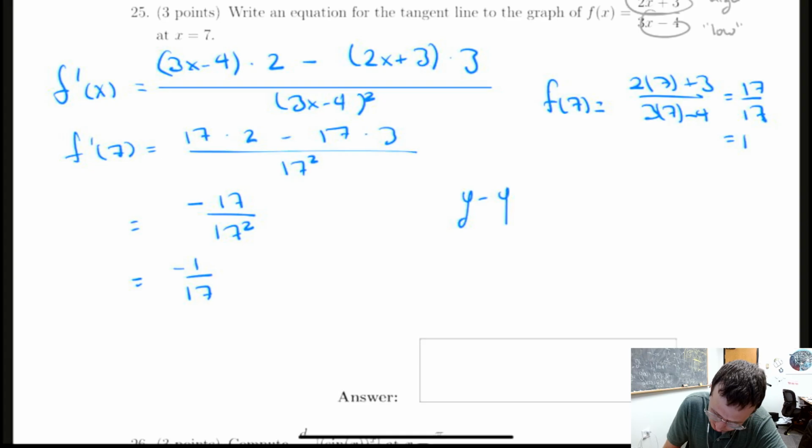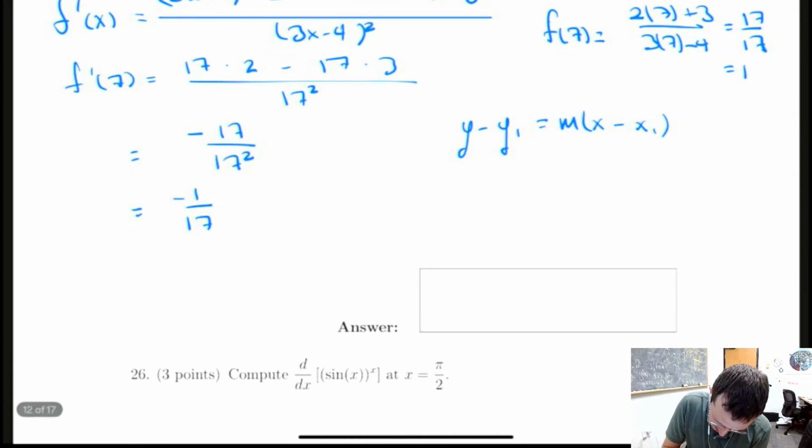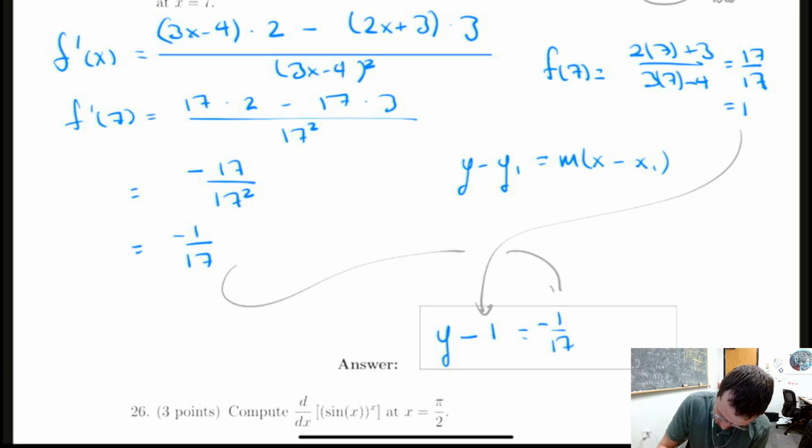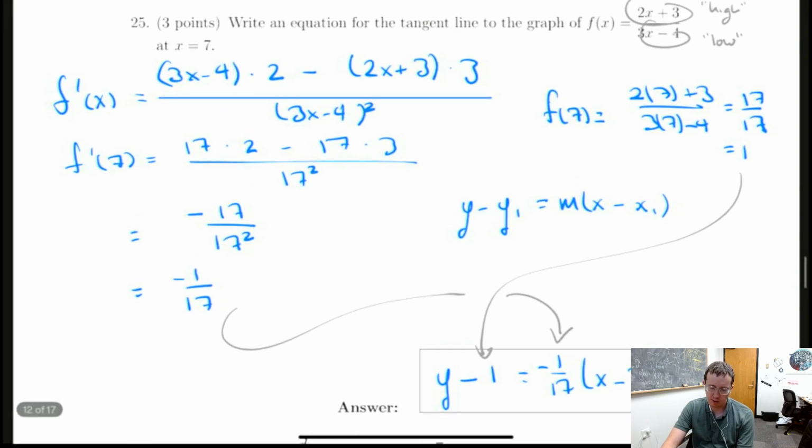Now I use point slope form, which says that the equation of a line with slope m going through the point x1, y1 is y minus y1 equals m times x minus x1. So my equation is y minus 1 equals minus 1/17 times x minus 7. You do not need to simplify or rewrite that equation in any other form.